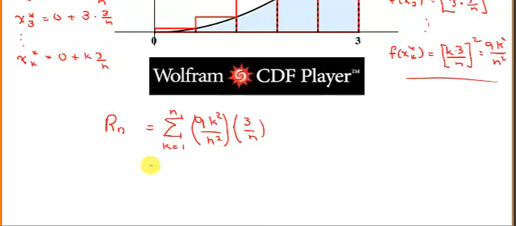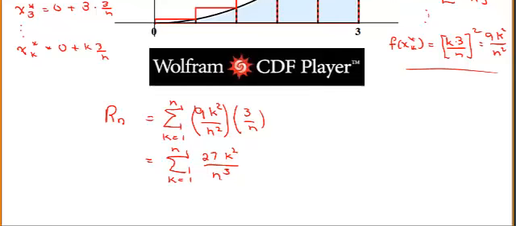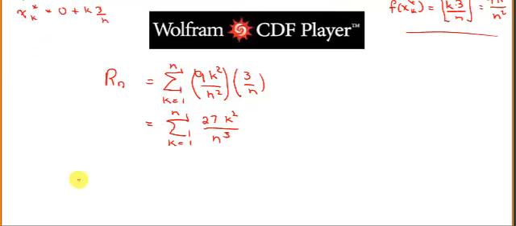All right, so let's simplify this a little bit. What are we going to have here? This would be the sum as k goes from 1 to n of, well, 9 times 3 is 27, k squared over n cubed. All right, and now what we want to do is take the limit as n goes to infinity of r sub n, the total of the n rectangles, but we let the rectangles get to be more and more numerous.